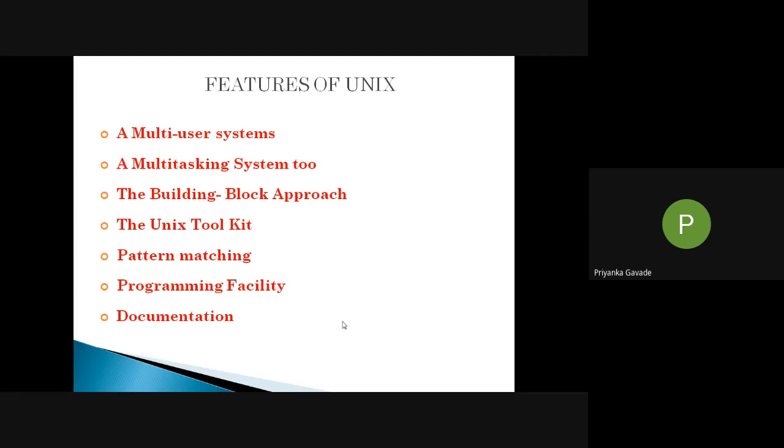That is, more than one program can be running in the background while the user is trying to work in the foreground. Similarly, Unix offers us the building block approach.